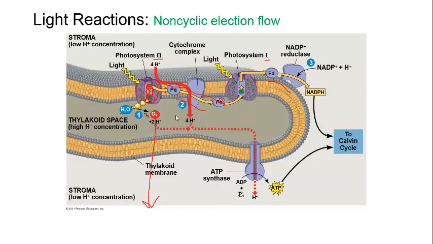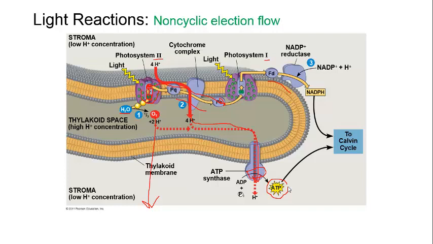And what we're building up here is a hydrogen ion gradient, also called a proton motive force, just like putting water behind a dam. When all these protons build up, they're going to rush through an enzyme in the thylakoid membrane called ATP synthase. When the protons rush through ATP synthase, it's going to spin a turbine, and the spinning of the turbine is going to be used to regenerate ATP.